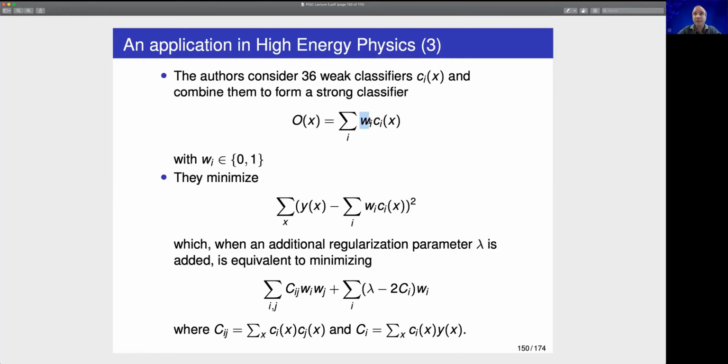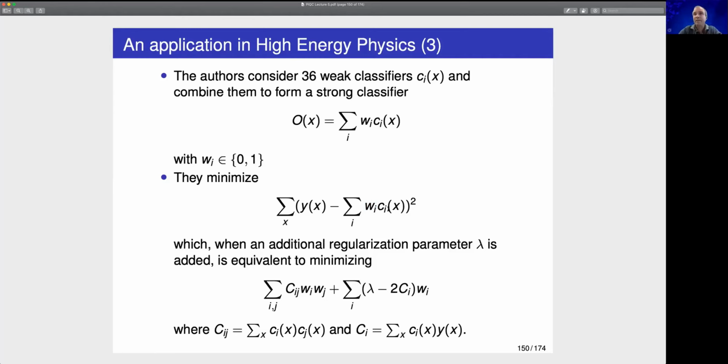In order to determine the optimal values of these w_i, what you can do is try to minimize the difference between the real label of the event and the value that is given by the strong classifier, and then you minimize this according to these values w_i, and you select the best possibilities for these values, and then you have your strong classifier.